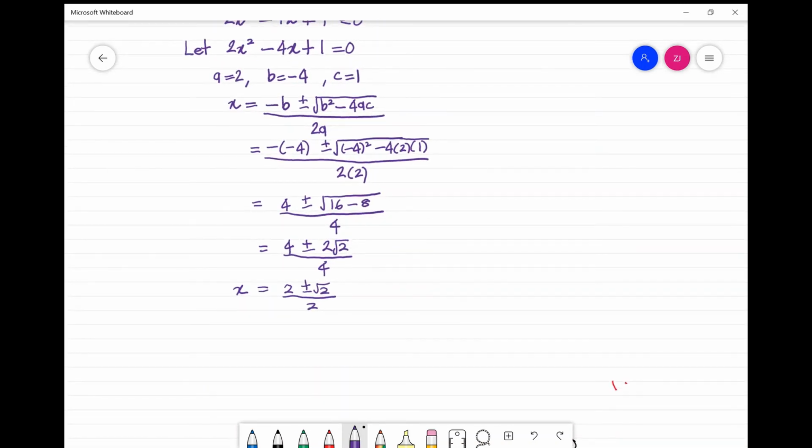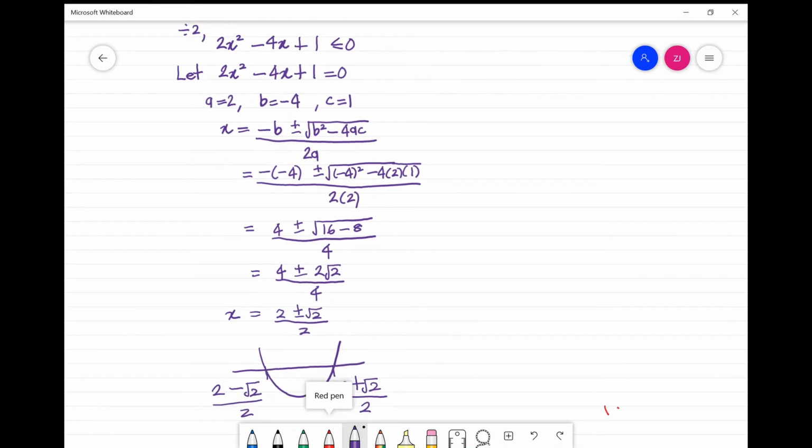So we sketch the quadratic graph. We will have (2 minus √2) over 2 and (2 plus √2) over 2, and we shall consider the less than sign value, so that means we have to shade this region below the x-axis.